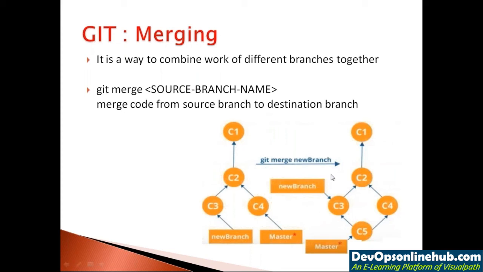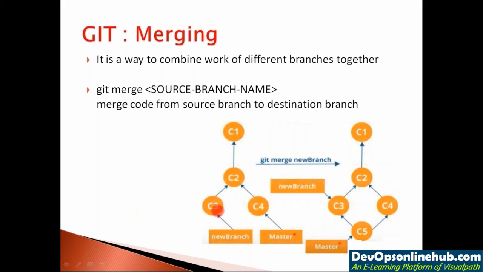First we will go through this diagram. Here, C1 is the first commit. After that, the developer committed C2, then C3, then C4. But here, C4 refers to the master branch and C3 refers to the new branch. In our case, the new branch is the first branch.